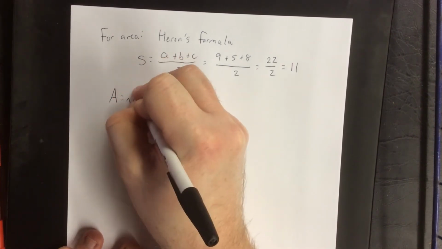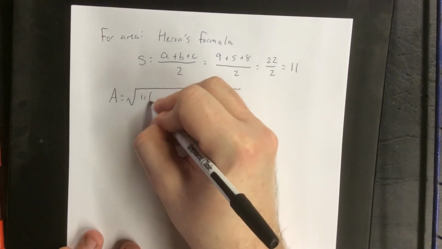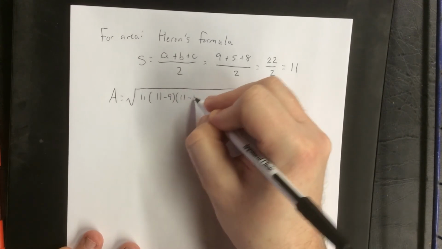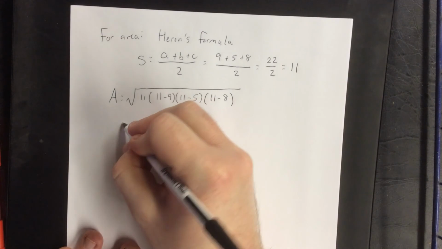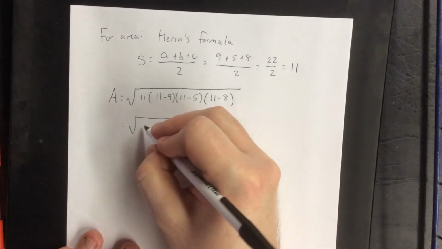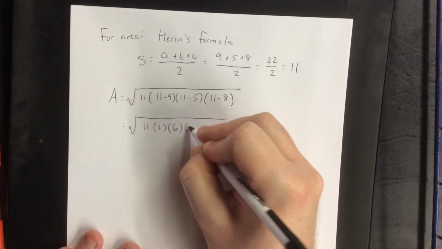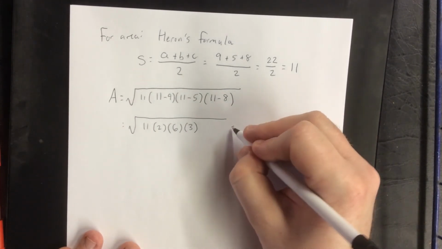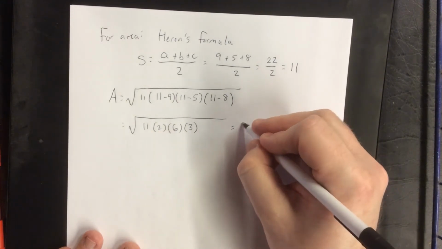According to Heron's formula, the area is going to be the square root of the semi-perimeter times the semi-perimeter minus A, the semi-perimeter minus B, and the semi-perimeter minus C. So we'll get 11 times 2 times 6 times 3. Now if you're interested in the exact value, 6 times 2 times 3 is 36, and the square root of 36 is 6.